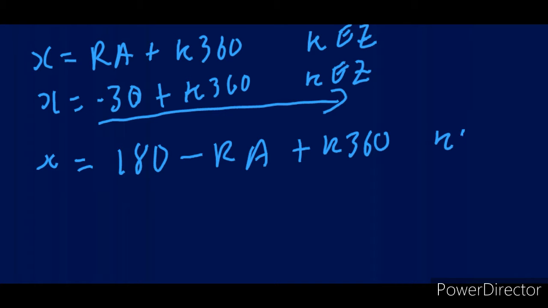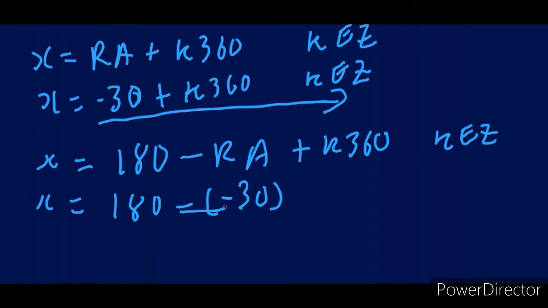and k is an element of integers. So let's proceed. Our reference angle was negative 30, so it's going to be 180 minus... here you have to be careful, it was negative 30, so now we'll have a double negative. So this is going to be plus k360, and then from here we're going to say 180 plus 30, so this just becomes 180 plus 30.